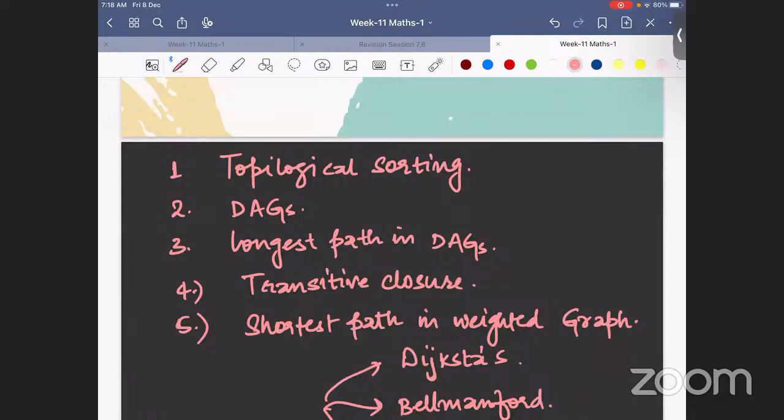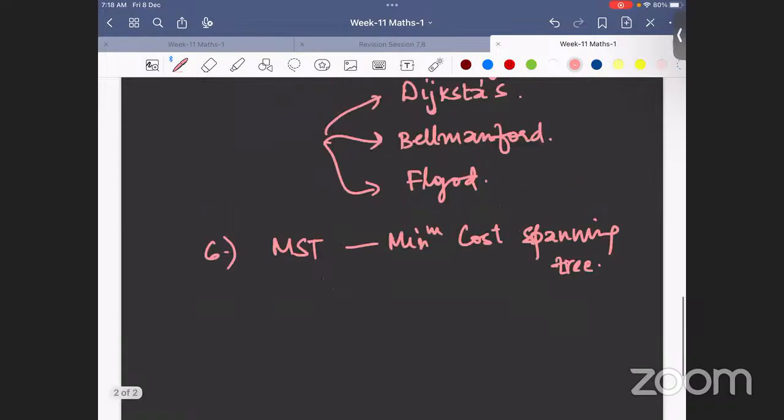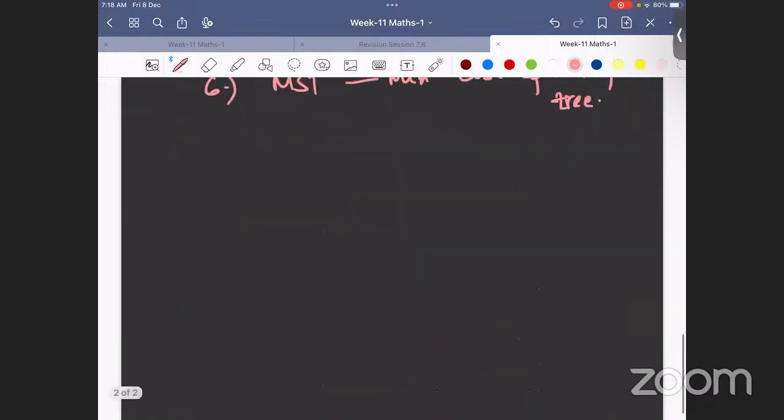We'll start with topological sorting, and then we'll try to wrap up as much as we can. Can somebody tell me what topological sorting is?